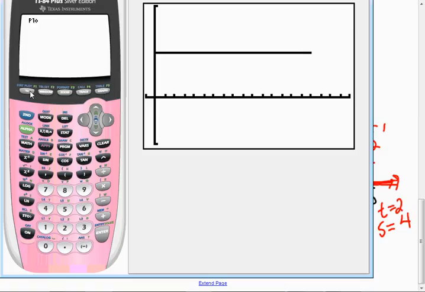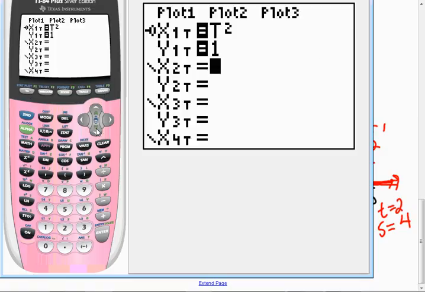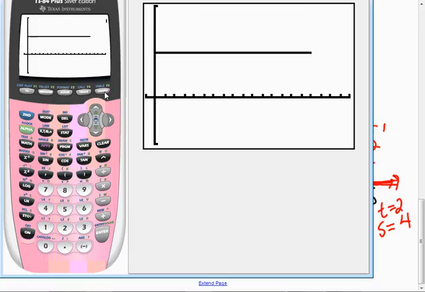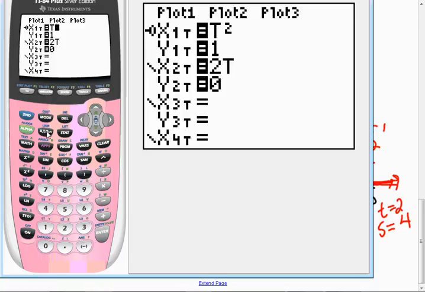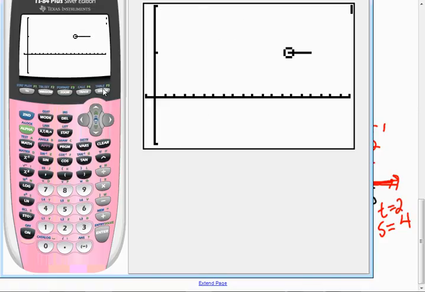Okay, so what's the velocity? It was 2t, right? And let's just leave it at 0. It doesn't matter, I just have to place it someplace. We'll see what happens here. Now I can do it simultaneously.